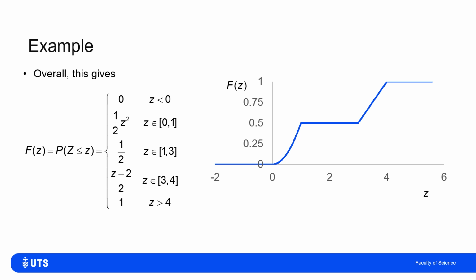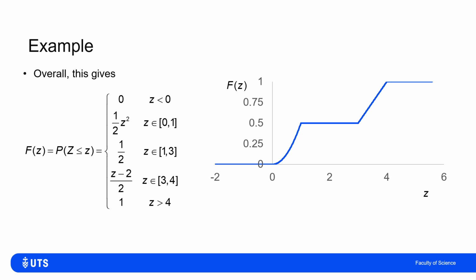Then it starts going again, but this time at a straight line increase because I had a constant height of probability density. So when I integrated the constant, I got a straight line term, a linear term, until it reached all of it, until it reached 1, then it flatlined again.